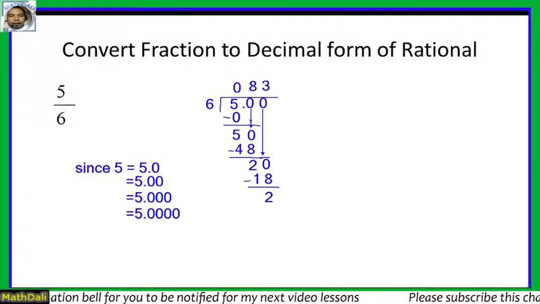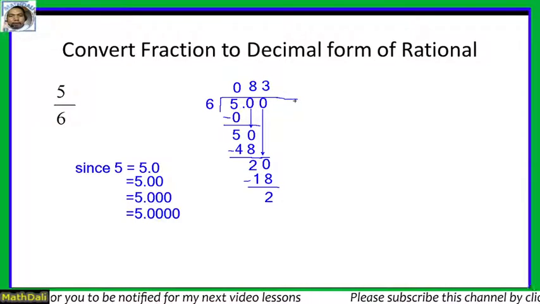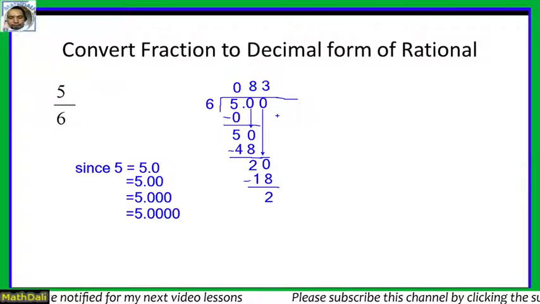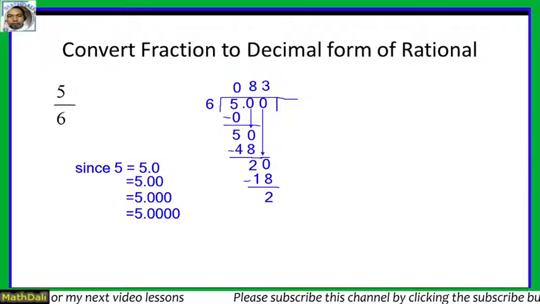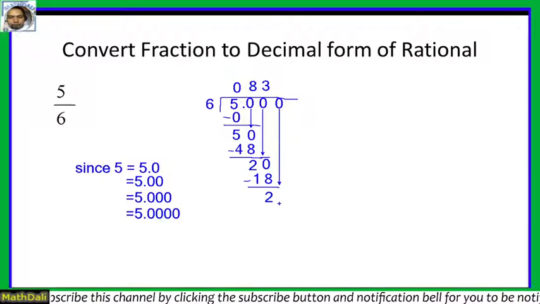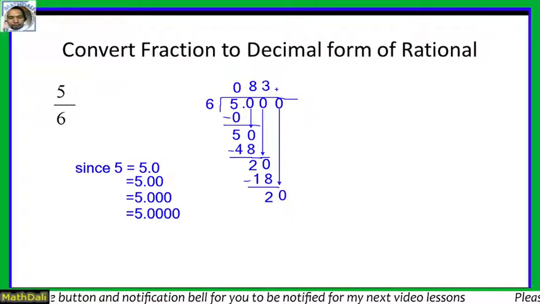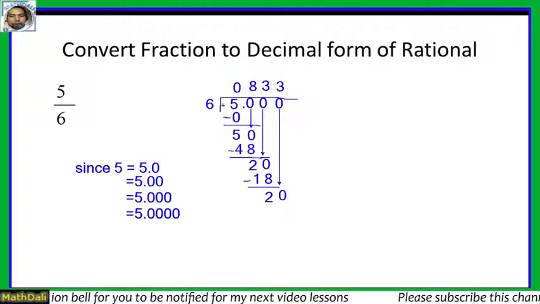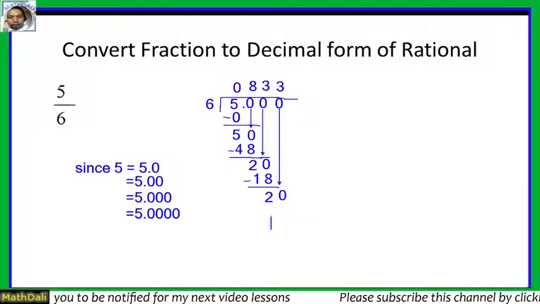Okay, so yan. Magdagdag na naman tayo dito ng pang-decimal. Yan. Another decimal dito. So we have 0. Yan. Then, bring down natin yung 0. Okay, so 20 divide natin sa 6, again, that is equal to 3. So, lagay natin dito sa tapat. So, 3 times 6, that is equal to 18.